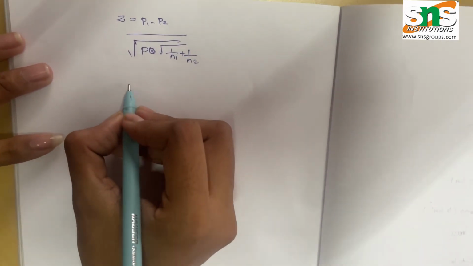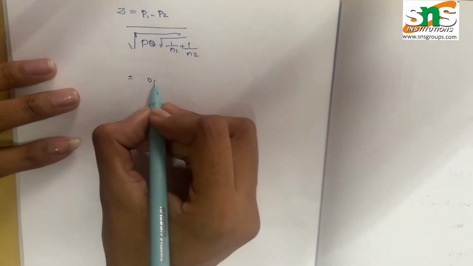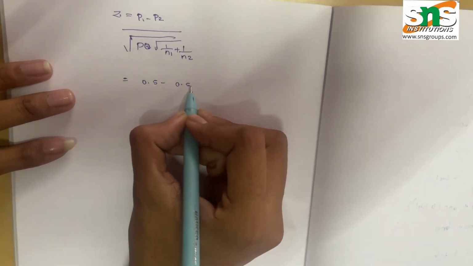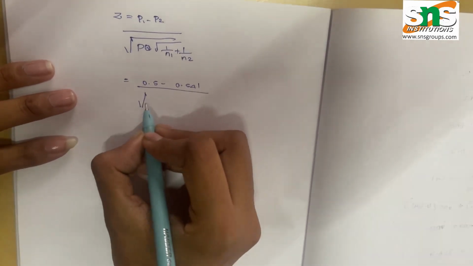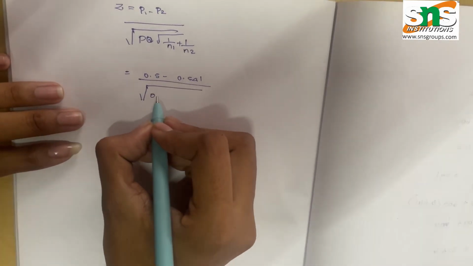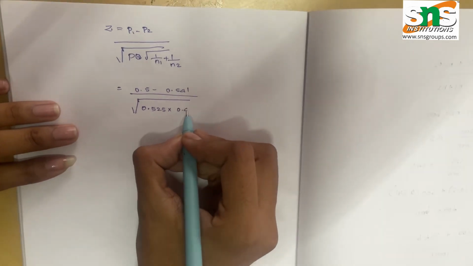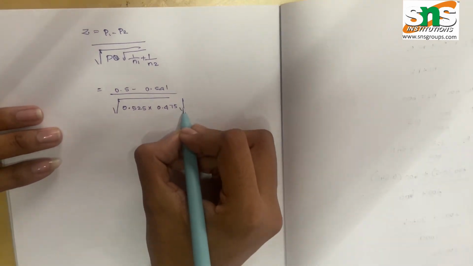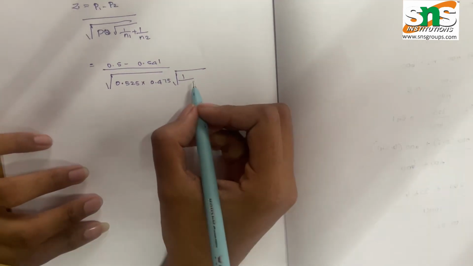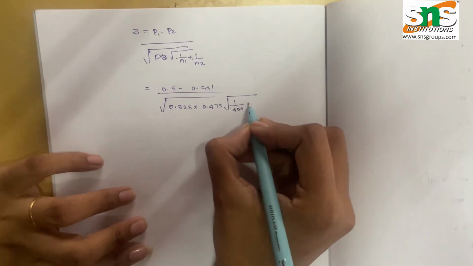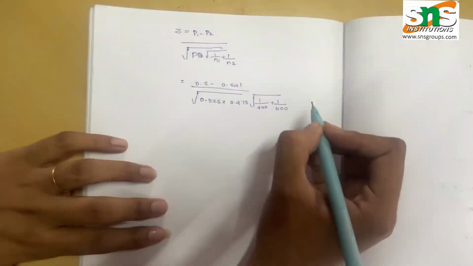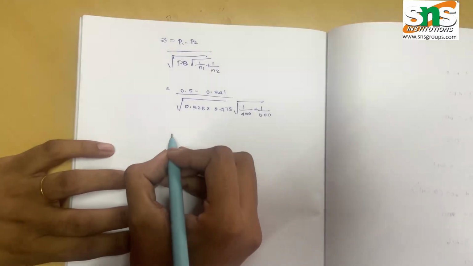Here, P1 value is 0.5 minus 0.541, divided by root of P, which is 0.525, into Q, which is 0.475, into root of 1 divided by n1, which is 400, plus 1 divided by n2, which is 600.